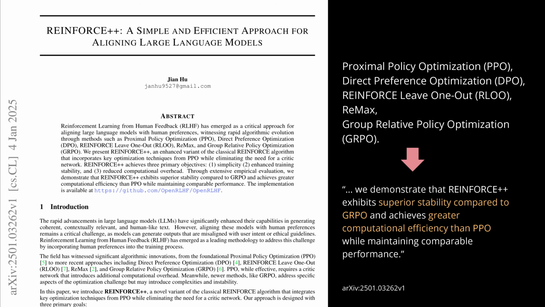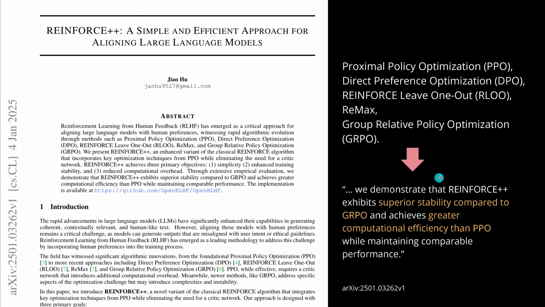Knowing all of this, we build our REINFORCE++, and this system exhibits superior stability, even compared to GRPO from DeepSeek, and it even achieves greater computational efficiency than OpenAI PPO, while maintaining comparable performance. So this is a real deep dive into mathematical optimization, how to code this given certain limitations of the system, but we have a solution for how to compute this.